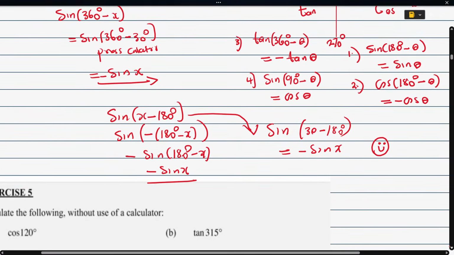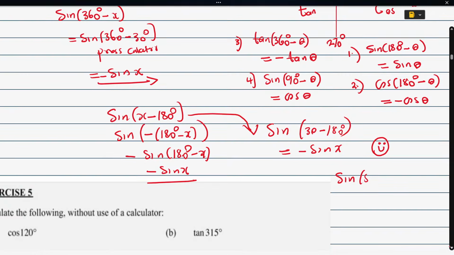What about if we have sine 540 degrees minus x? With this type of question, if the number given is more than 360, you subtract 360 until it becomes less. So you're going to say 540 minus 360 degrees.